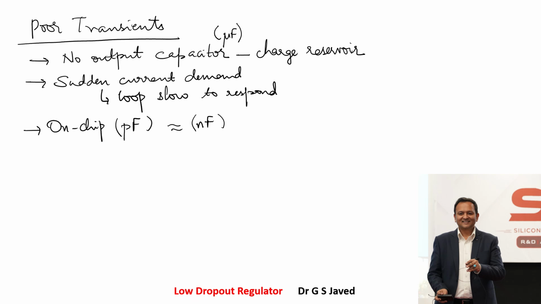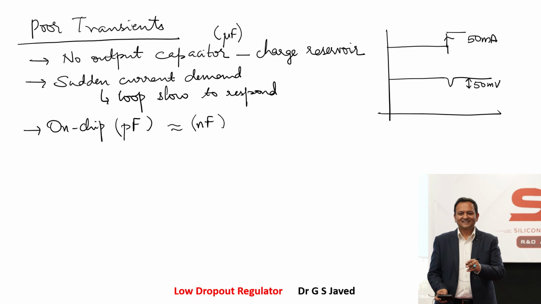Now suppose you have a current requirement. The current requirement is about, suddenly it goes up and you need 50 milliampere of current, and the voltage you are trying to recover at most 50 millivolt in the time 10 nanosecond.